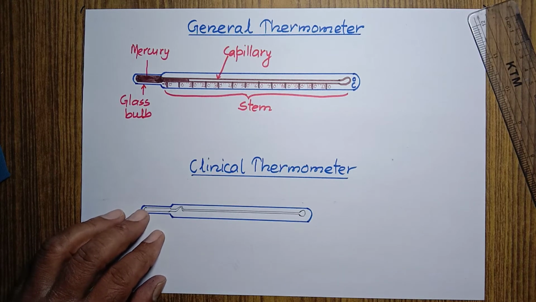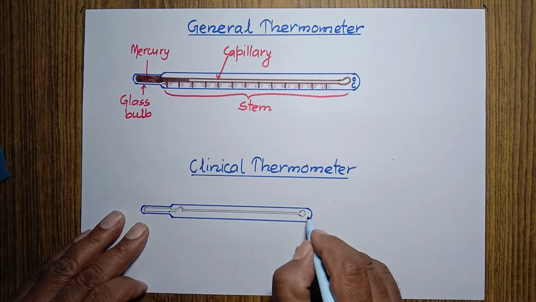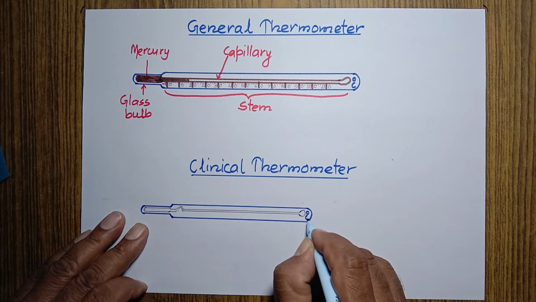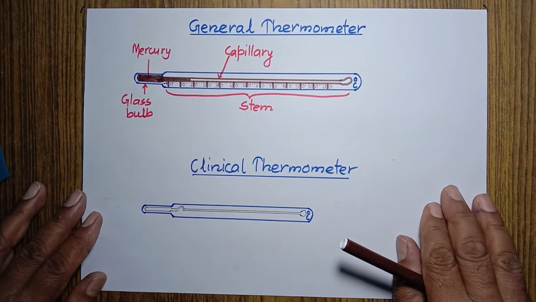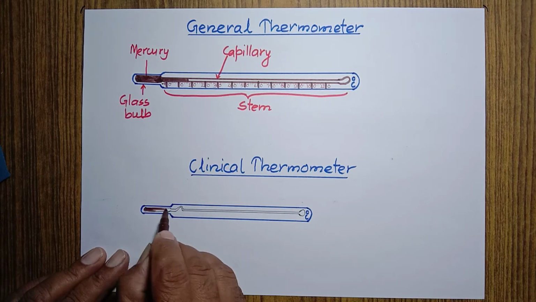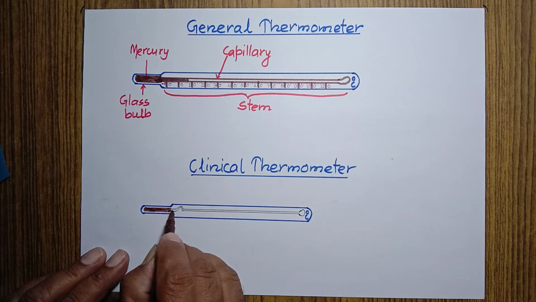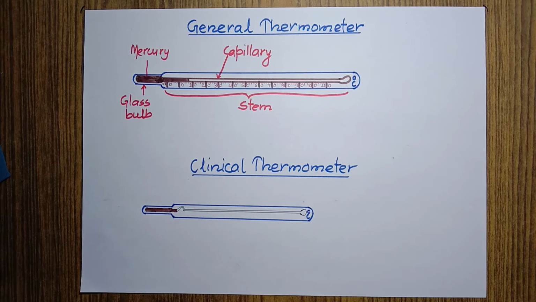And this is also calibrated in degrees Celsius. Let's say degree Celsius. Okay. Now I want to show mercury also. Here let's say it is filled with mercury, and this is the capillary. Now we have to write the value of what? The value of temperature.